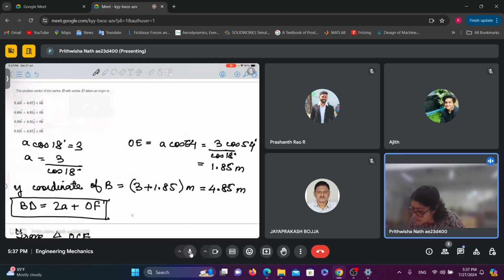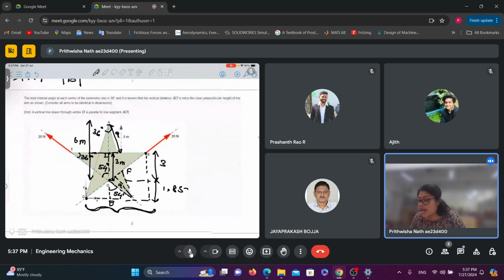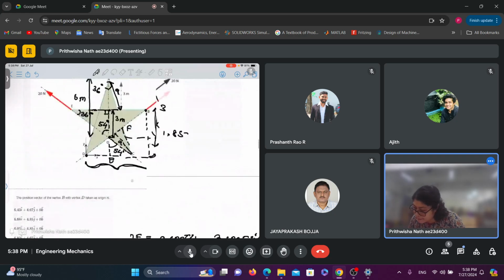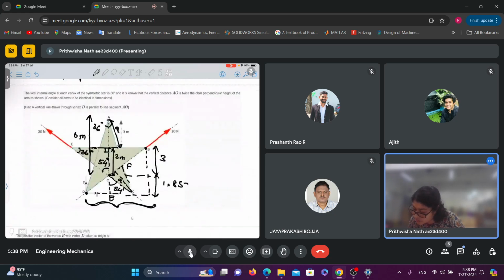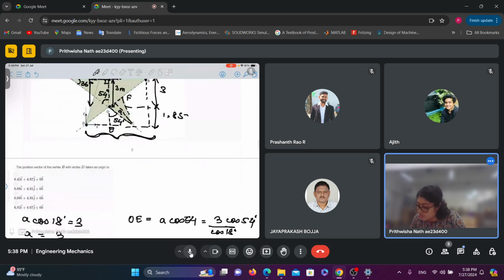And the z coordinate is 0, as you can see, this star lies in the xy plane, so the z coordinate is 0. So which option is correct? The second option is correct.